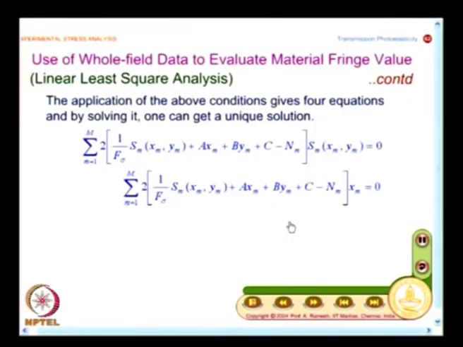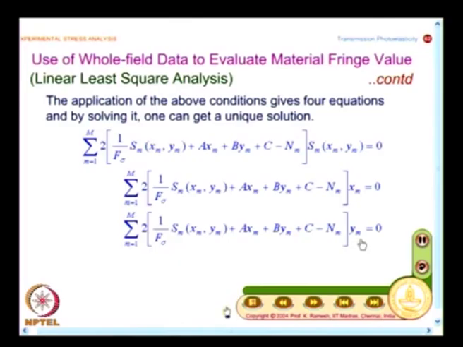So, I have the third equation, that is nothing but this multiplied by ym, and the fourth equation will be just this. I will have only 1 here. So, what I have found now is, from m data points, I have written an error equation, and I have applied the least squares criterion by minimizing it to 0, and this results in 4 equations.